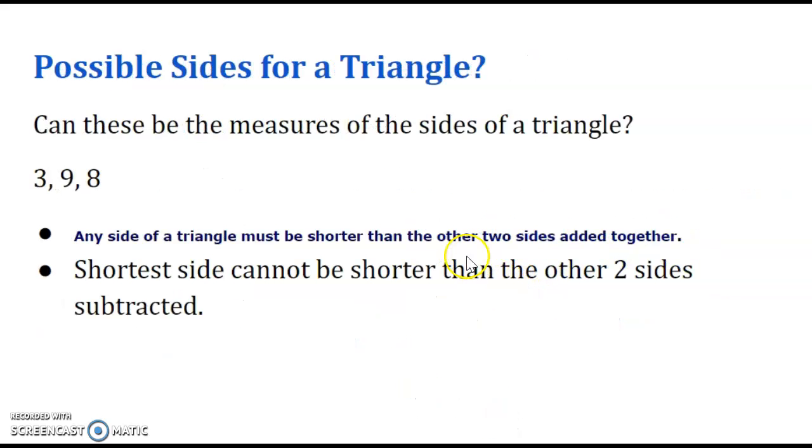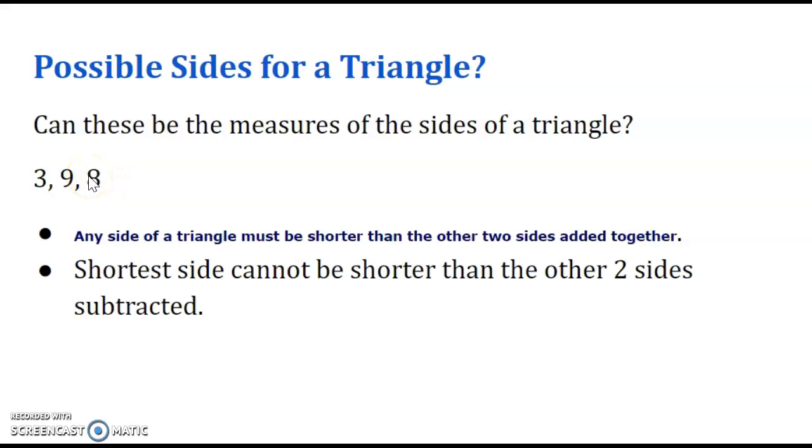Okay, so then there are possible sides for a triangle. Can this be the measure of sides of a triangle? So if you have 3, 9, and 8, let's just ignore the 8 here. What are the possible side lengths if you're just given 3 and 9? Well, the sum of 3 and 9 is 12. So the maximum it can be is 12.